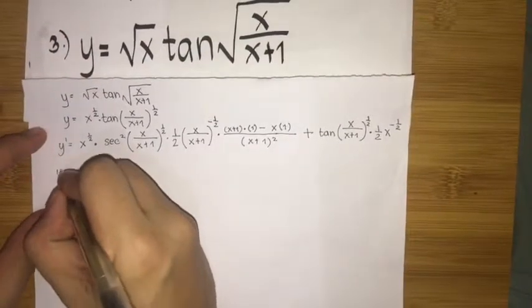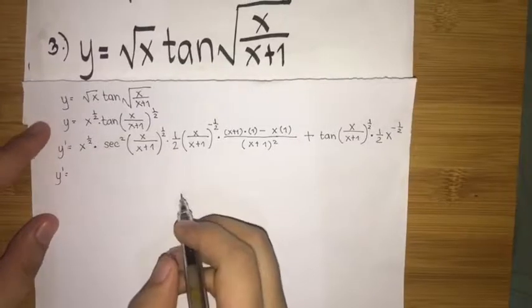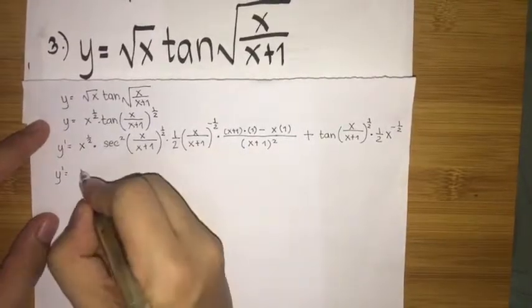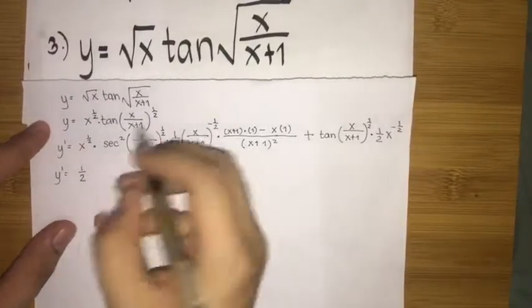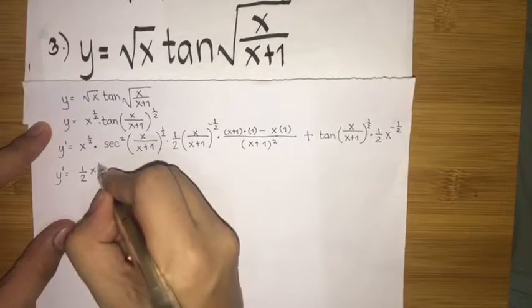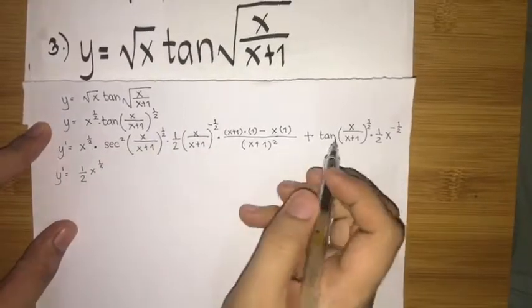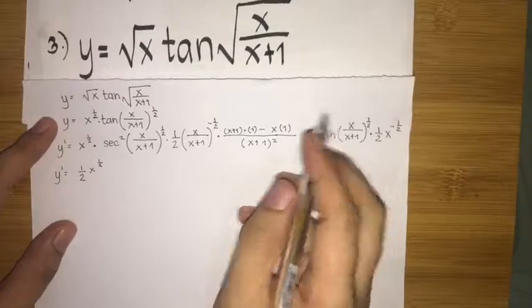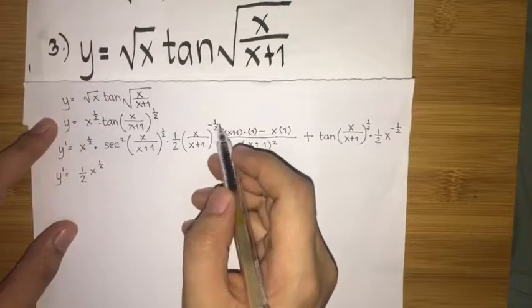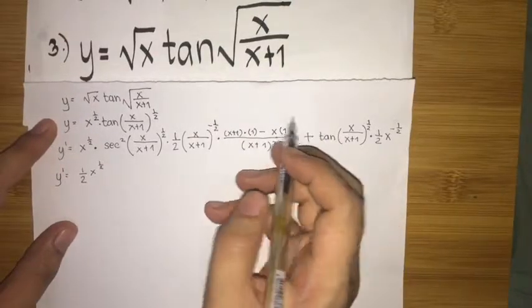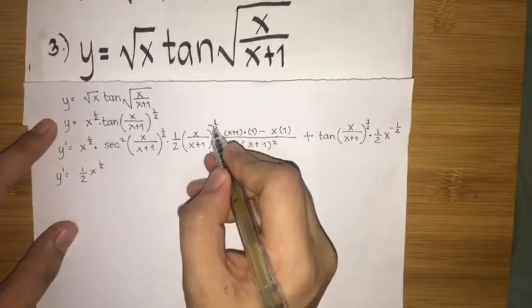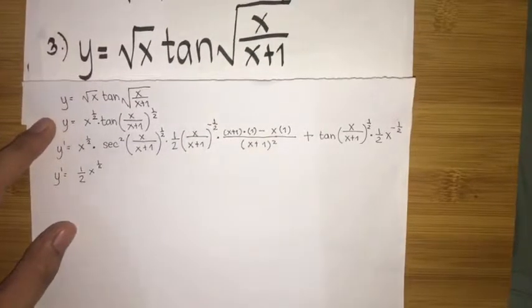Okay, let's do this. Y prime will be, so I want to put the constant 1/2 in front, and then copy this x raised to 1/2, and then I want to distribute this negative 1/2 to the numerator and the denominator.